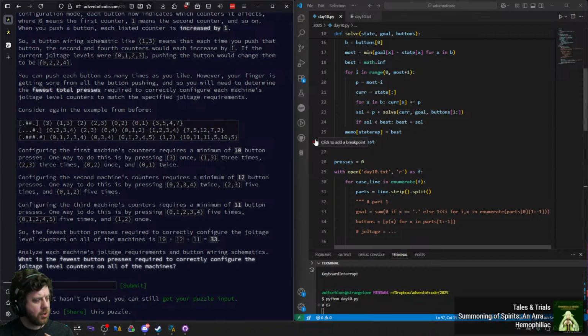But the problem is I don't think this is invertible, because it's not guaranteed that you can go backwards, right? I don't think this is invertible.